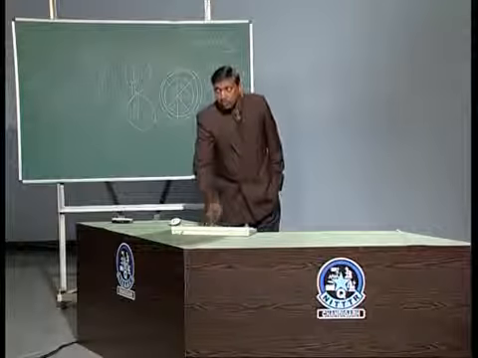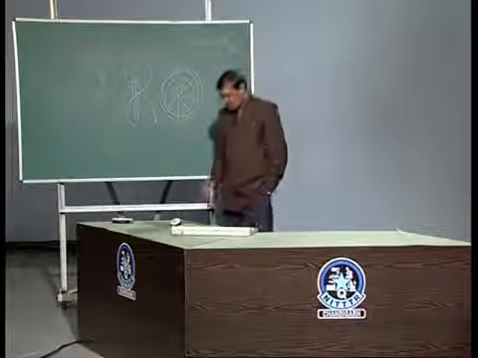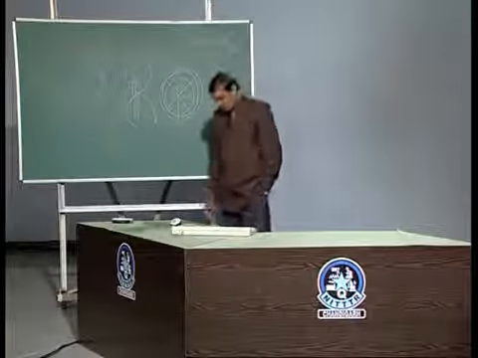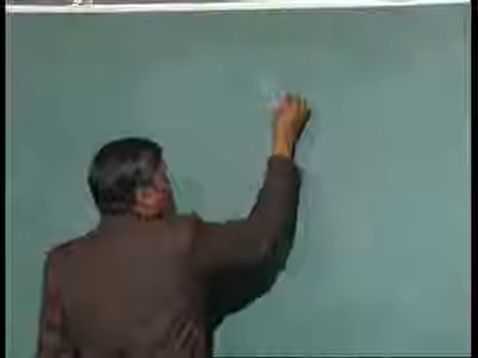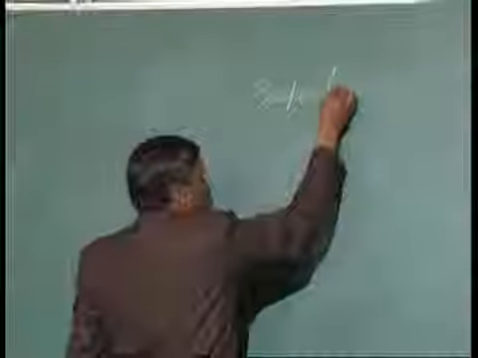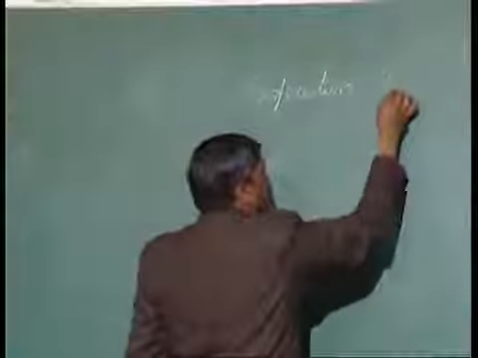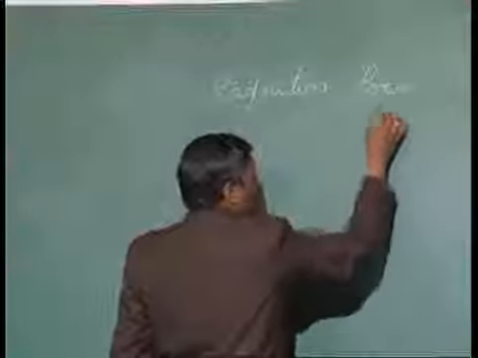Now, let us go to very interesting antenna parameters which are attached with radiation patterns. The next important parameter attached with the radiation pattern is called radiation power density.